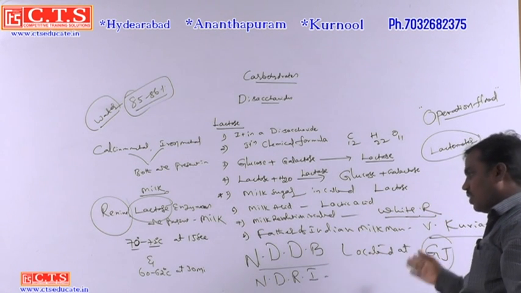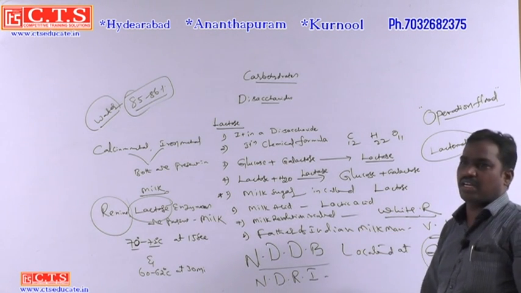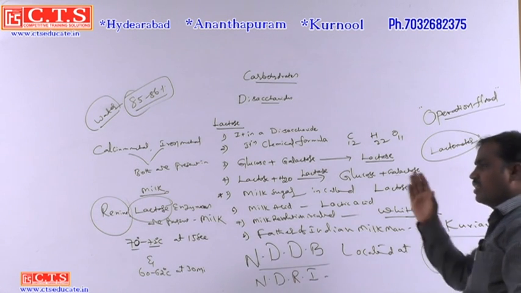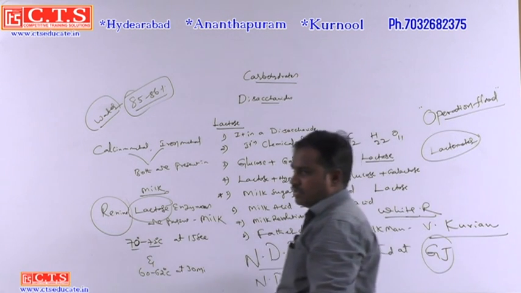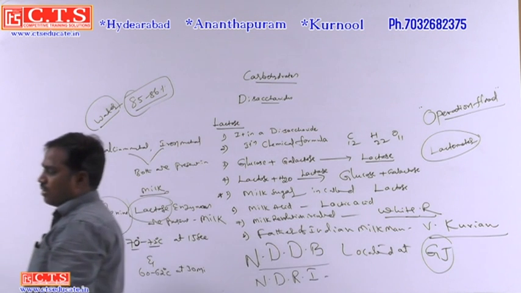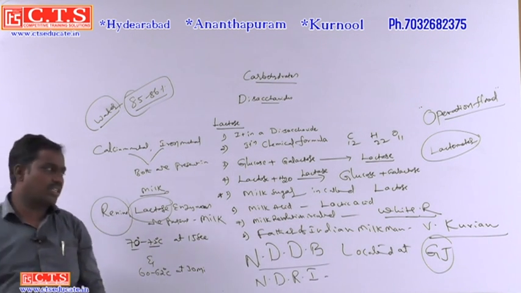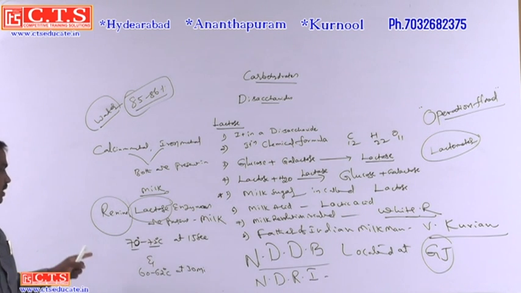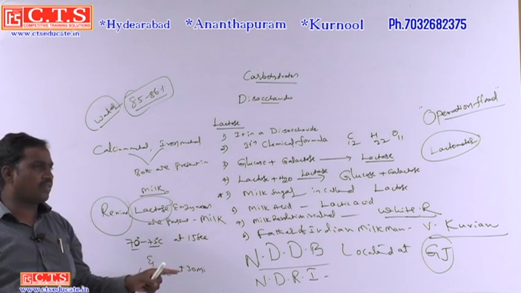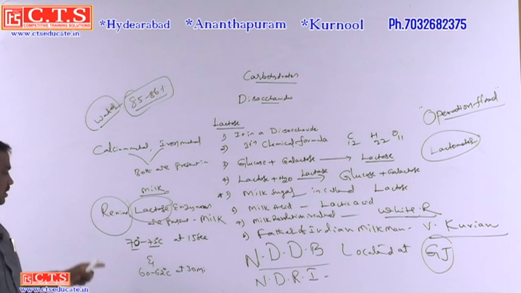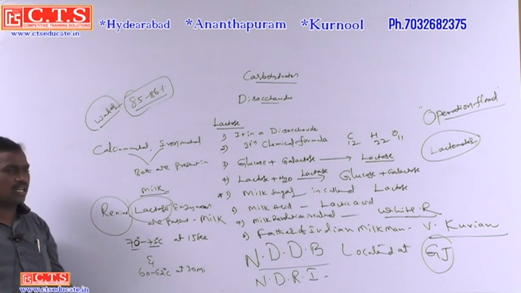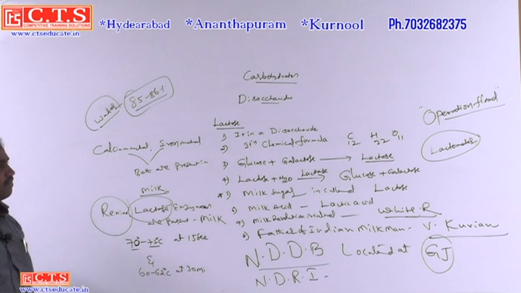It is cooled to 10 degrees centigrade. Name of the phenomena is pasteurization. Pasteurization method conditions are two: 70 to 72 degrees centigrade for 15 seconds, 60 to 62 degrees centigrade for 30 minutes.